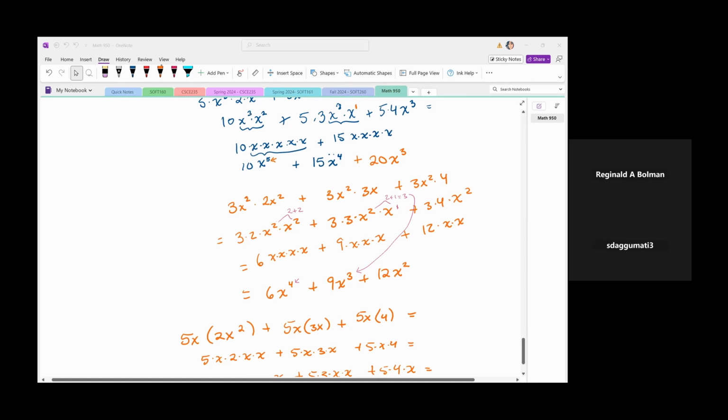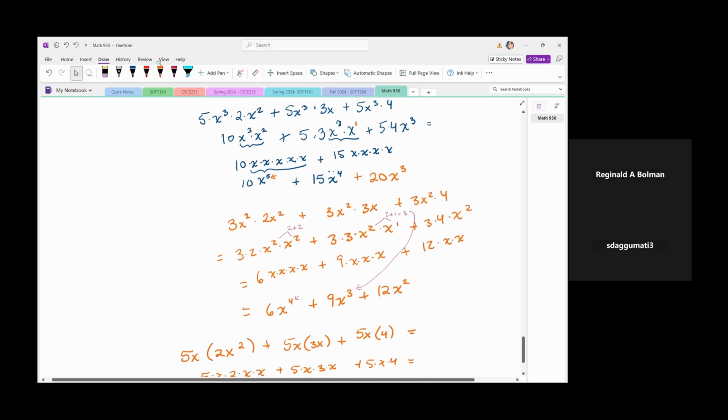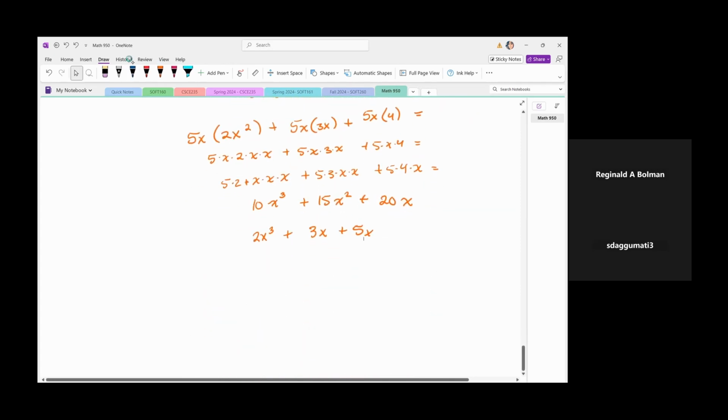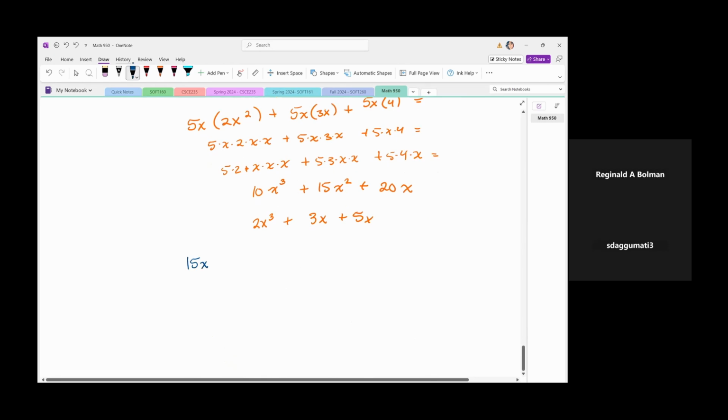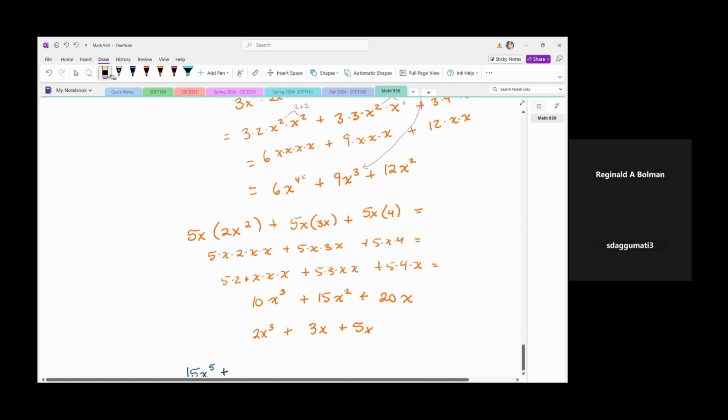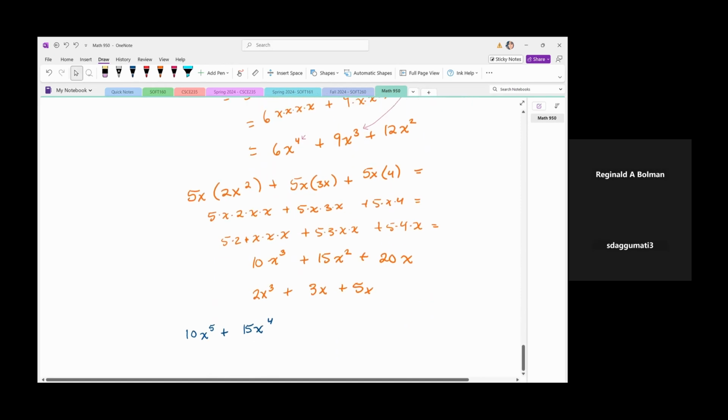So if we add everything together now, remembering that we're going to take the last row of our equation, we've got 10x to the fifth plus 15x to the fourth plus 20x to the third.